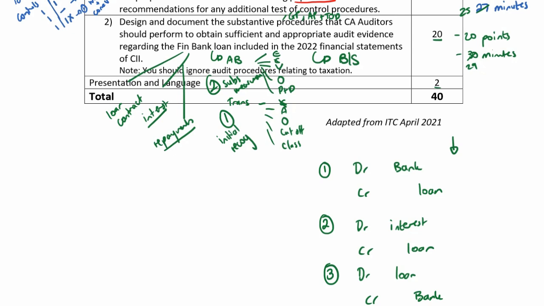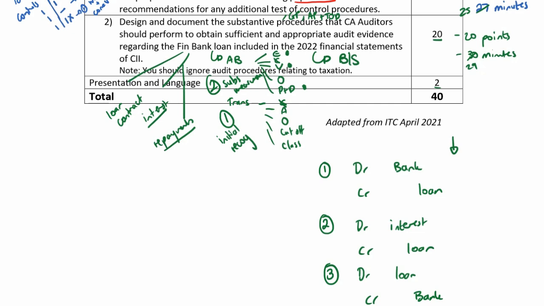So I'll have to test that transaction so that at year end, the balance is valued correctly, which I'm going to have to test. That it exists. I don't have to worry about completeness because it is one balance. Okay. And throughout, I will check that it's been presented and disclosed correctly.